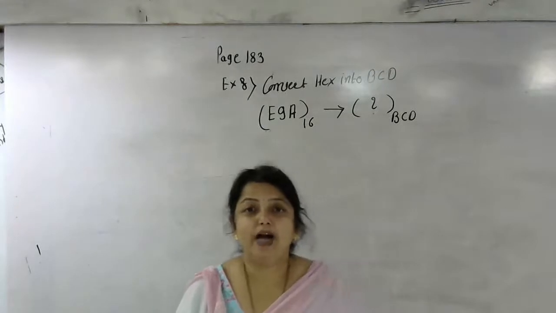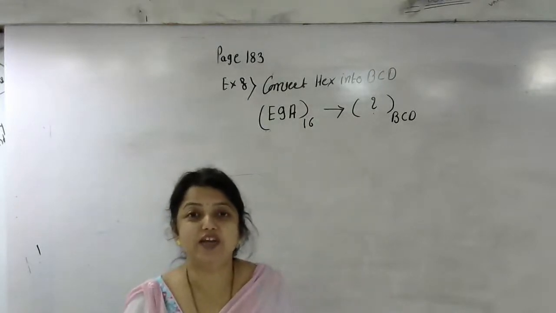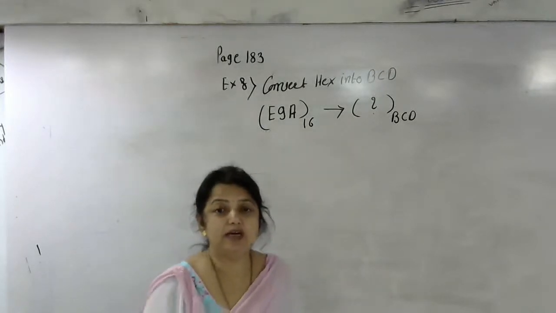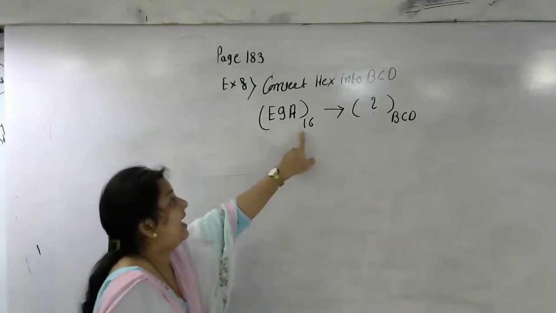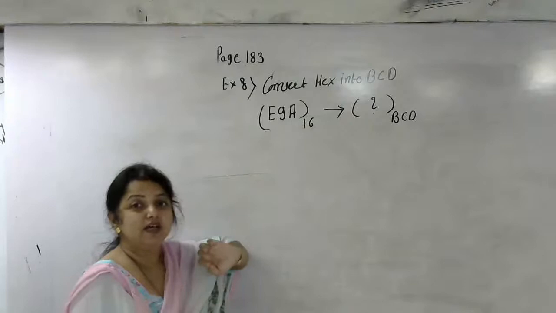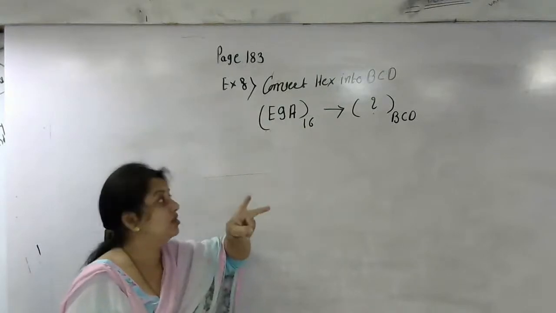In the theoretical part of this chapter, we already studied different types of conversion, but there is no direct way to convert any hex number into BCD. For that, we have to carry out 2 steps.